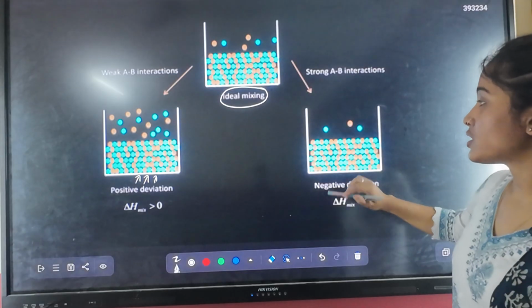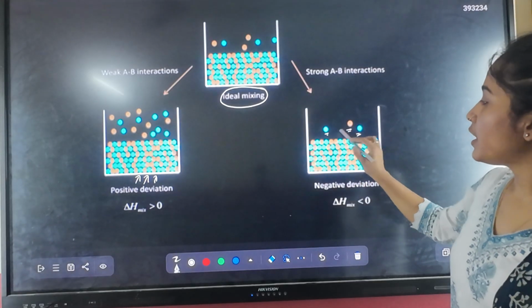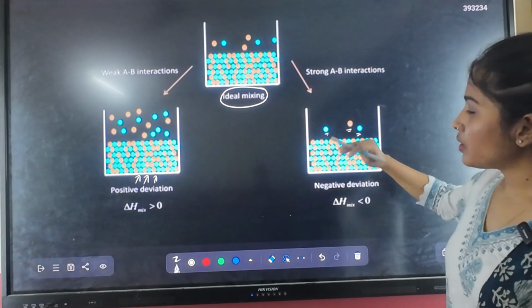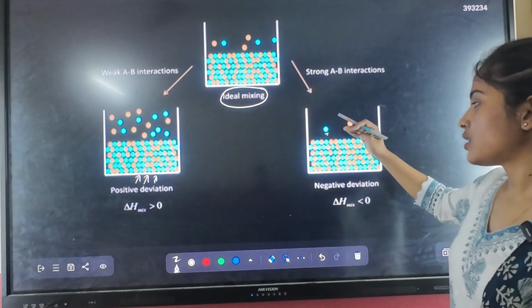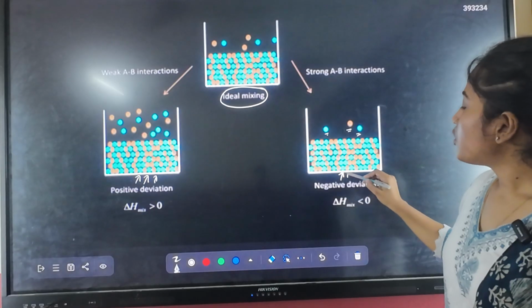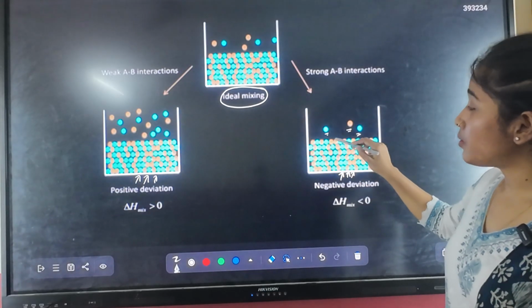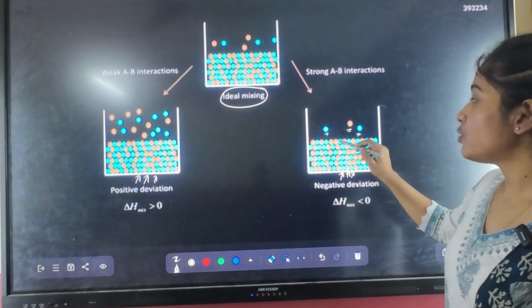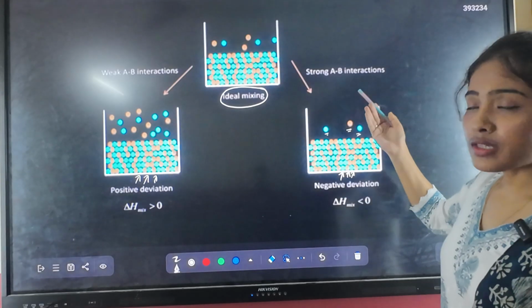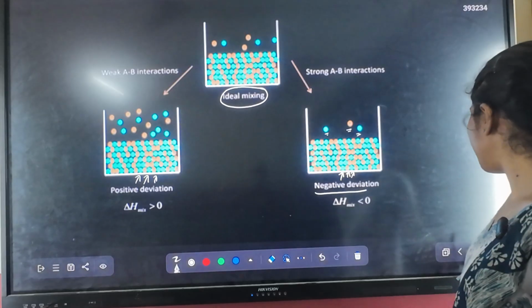Due to this strong attraction, only a few molecules of A and B come to their pure state in the solution. So it will absorb more temperature to break the bond between the molecules, the intermolecular bond, and then come back to its vapor state. That is why it shows a negative deviation.